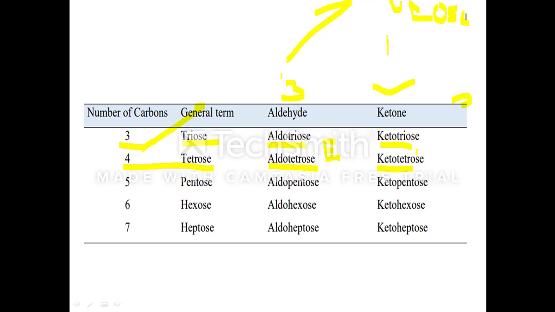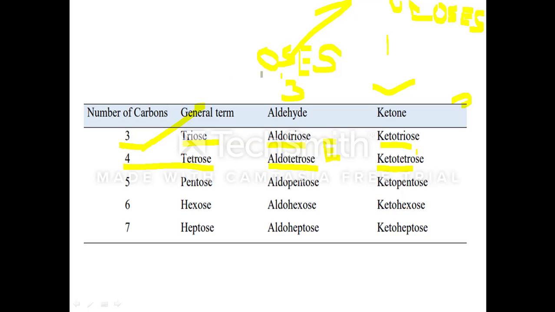U-L-O-S-E-S, ulose, refers to a monosaccharide having the ketone group, whereas if it has the aldehyde, it will have the suffix -ose. That is the aldose, and ulose means that is a ketose. So the tetroses examples are erythrose and erythrulose.